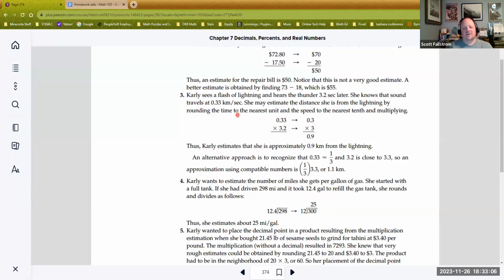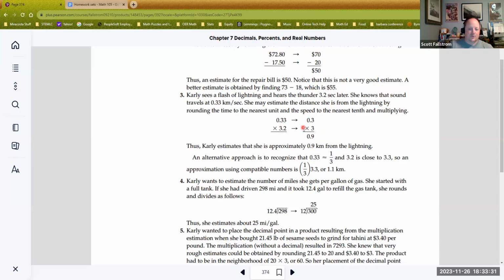Pretty close to that. So if you have that and you hear thunder 3.2 seconds later, which when you multiply these two numbers together, 0.33 and I would probably say 3.3 because you're really close to a 1/3 and multiply by 3. So you're pretty close to saying this is about 1 kilometer away.